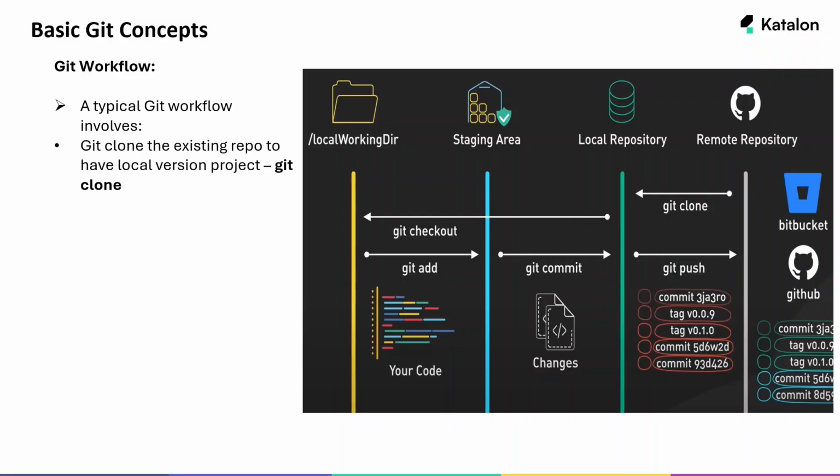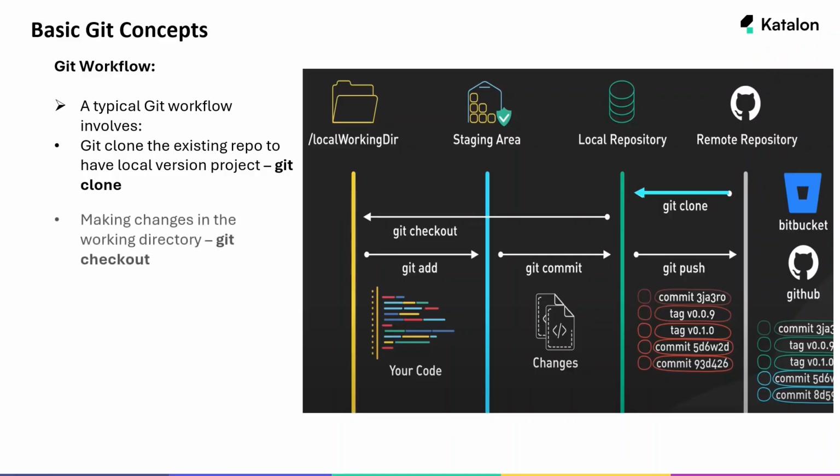First, you're going to clone the existing repo to have a local version of the project by using the git clone command. If you see the right side diagram, this is your remote repository which is sitting on a remote server. First, you're going to clone either an empty repository or an existing repository to your local machine.